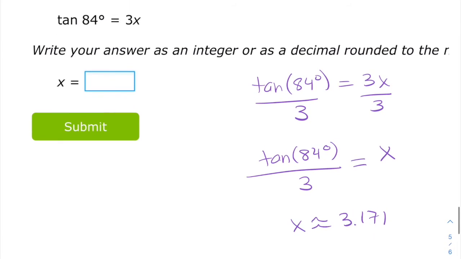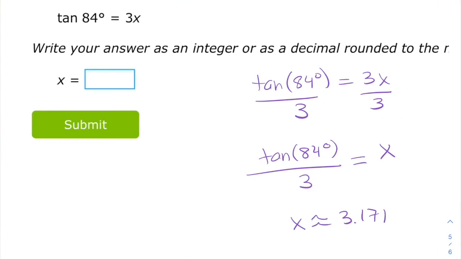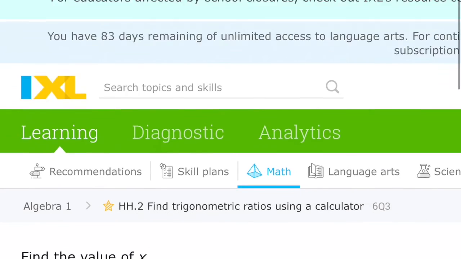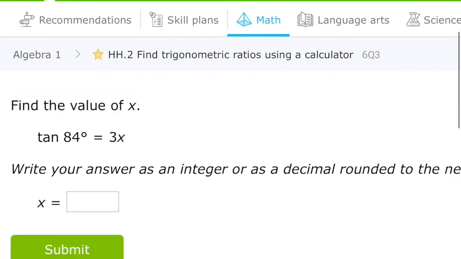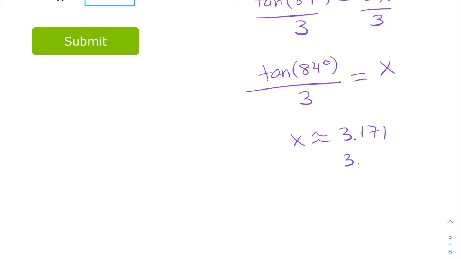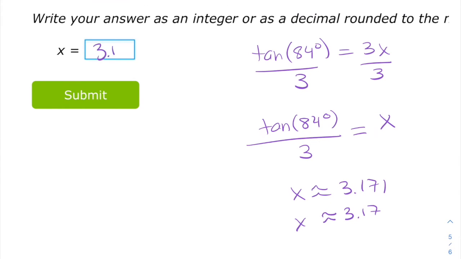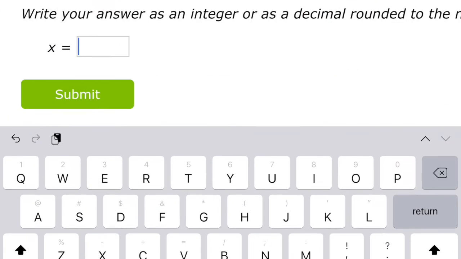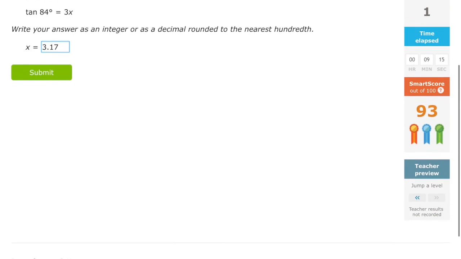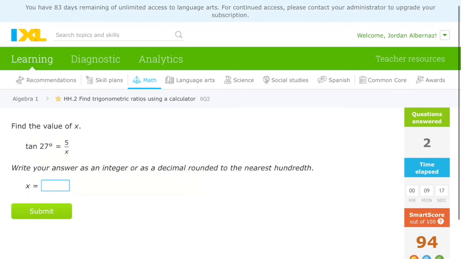We want to round to the nearest, I think it said 100th. Yeah, nearest 100th. So x is 3.17. So I'm going to put that in. And you ready for this? We're going to hit submit. And we're in a good spot.